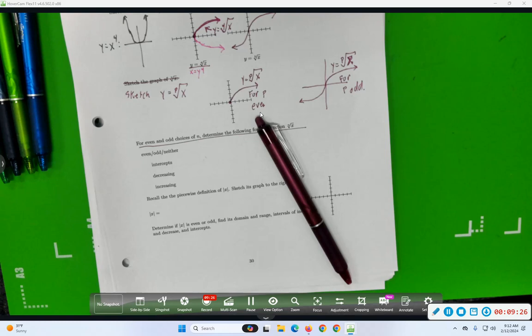So if you flip it across the y-axis, you should get the exact same graph back. And this is because for a function to be even, f of x needs to be the exact same as f of negative x. So let's see.